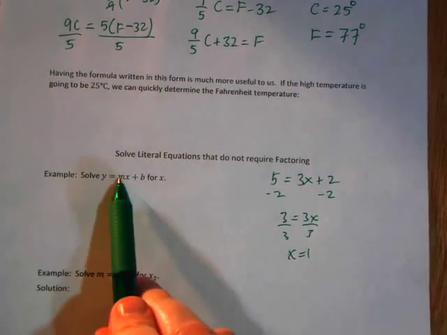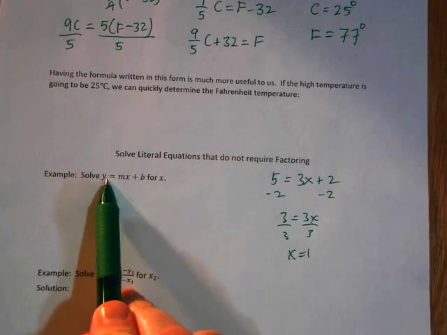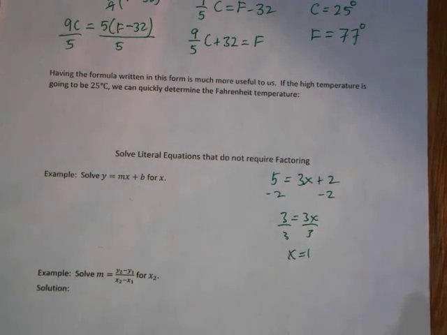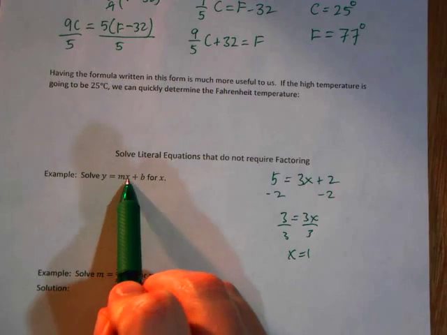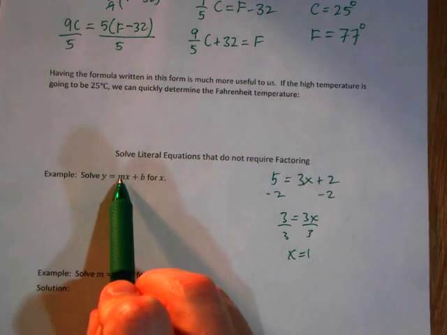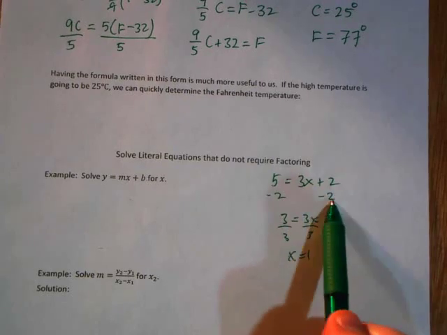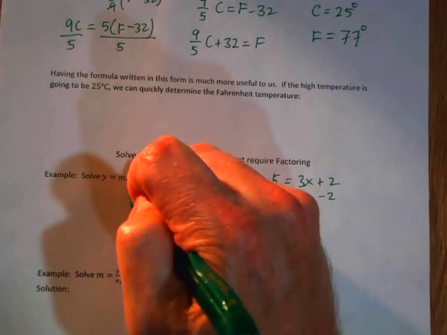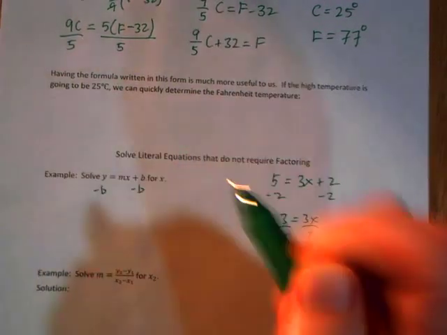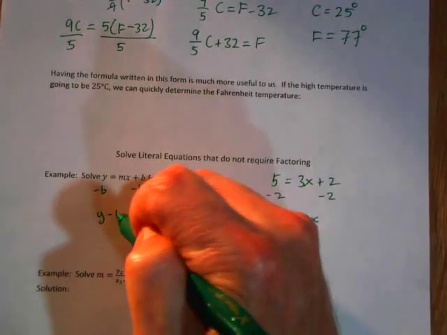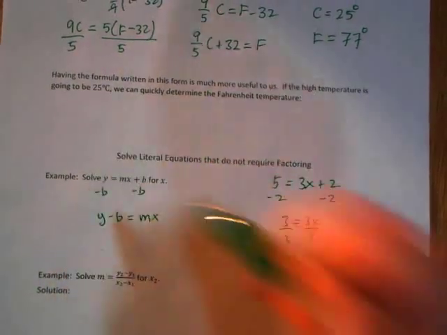The fact that we have a bunch of letters here instead of a bunch of numbers doesn't change a thing. We notice we're trying to get this x all by itself. We notice it's connected by multiply and add. When we have multiply and add, we typically do the adding and subtracting first. So we would subtract b on both sides. Y minus b equals mx.